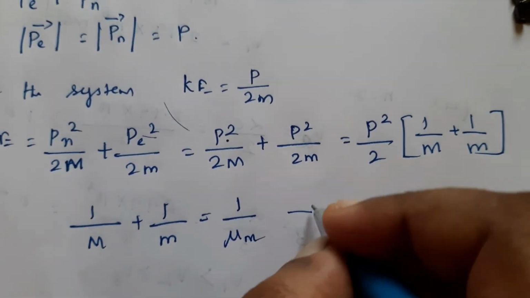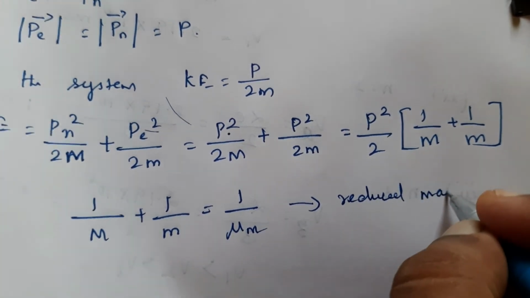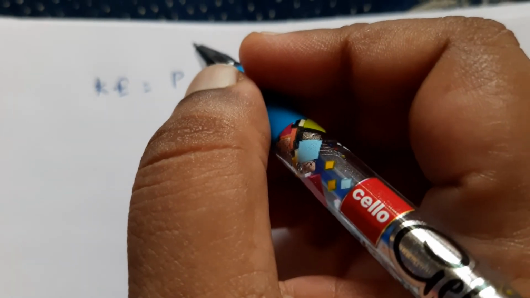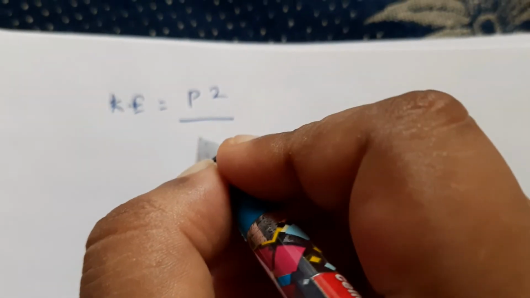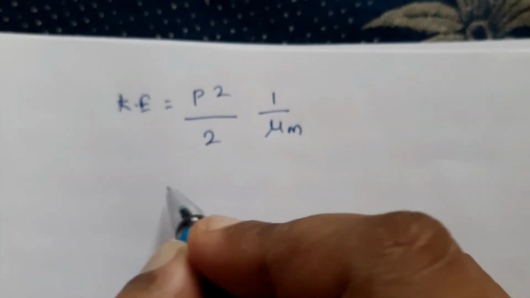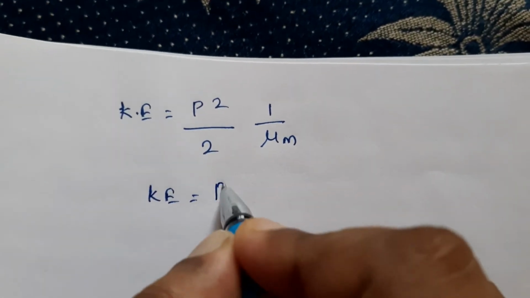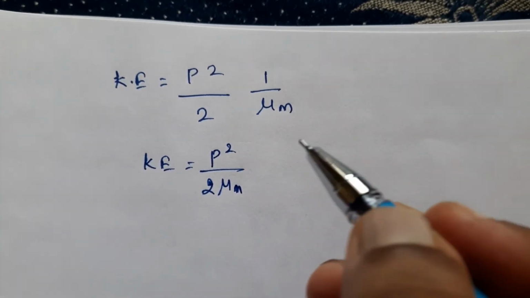This is called the reduced mass. So what can we write for the kinetic energy? Kinetic energy is equal to p square by 2 into 1 by mu m. So kinetic energy is equal to p square by 2 mu m.